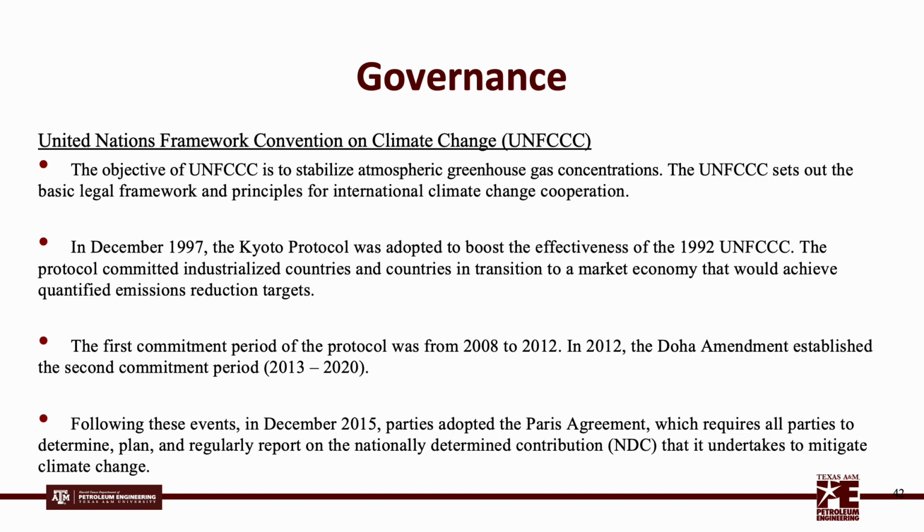In December 1997, the Kyoto Protocol was adopted to boost the effectiveness of the 1992 UNFCCC. The protocol committed industrialized countries and countries in transition to a market economy to achieve quantified emissions reduction targets.